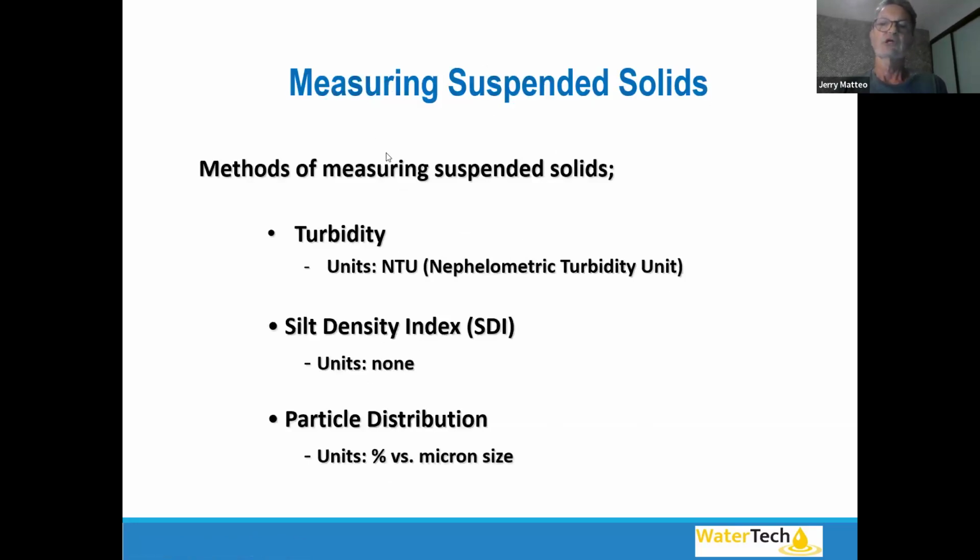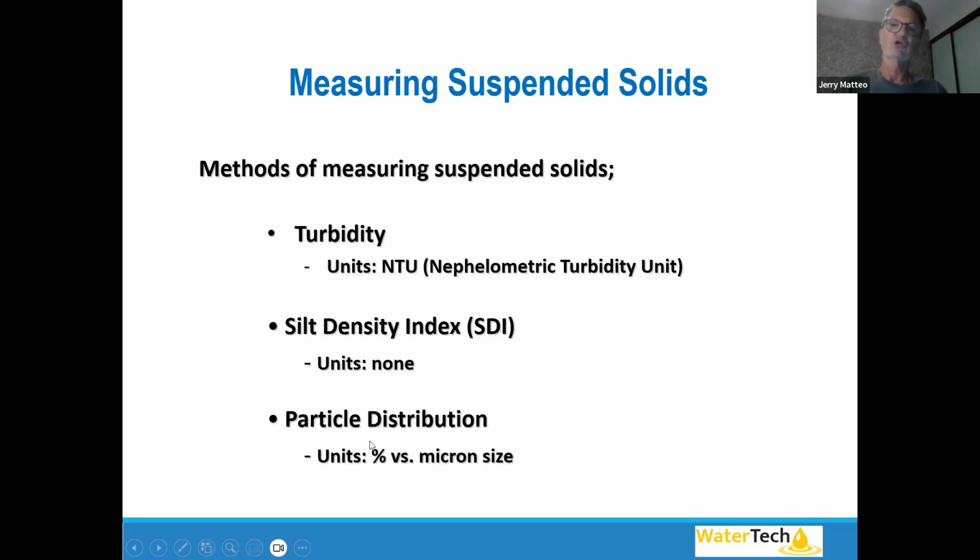I mentioned that we would typically use a turbidimeter. I'm going to show a photo of one in a sec, but also for RO, we should measure silt density index. A lot of customers don't. Turbidity is a measure of what quantity of particles I have, and silt density is a better indication of how well we can filter those particles out.